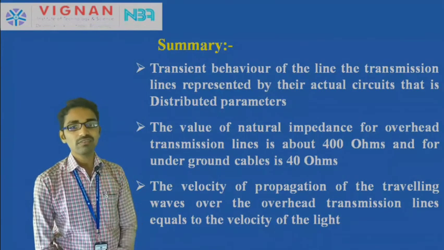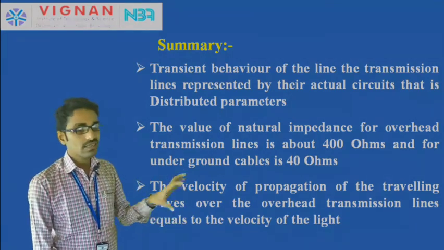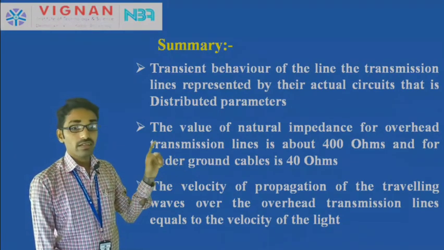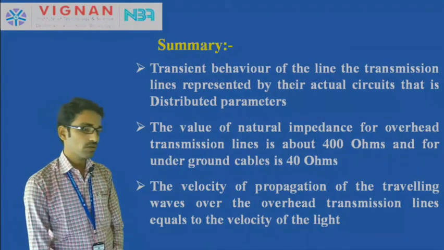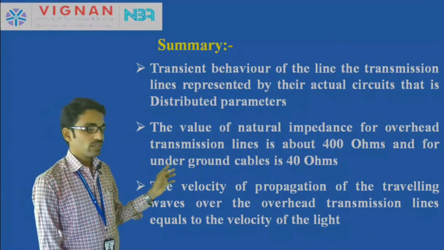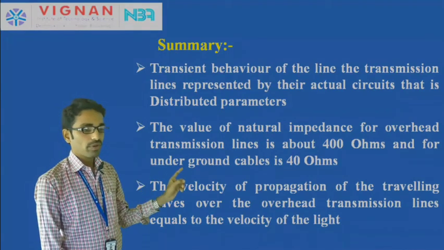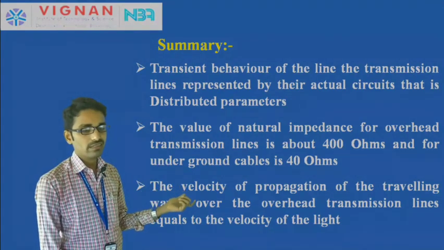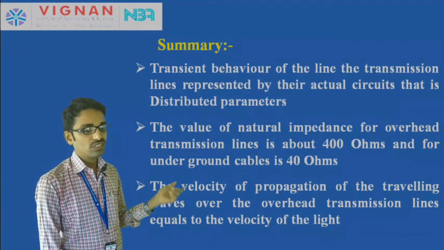The natural impedance is about 400 ohms for overhead transmission lines and 40 ohms for underground cables. The velocity of propagation of travelling waves over overhead transmission lines is equal to the velocity of light, 3 into 10 to the power of 8 meters per second.